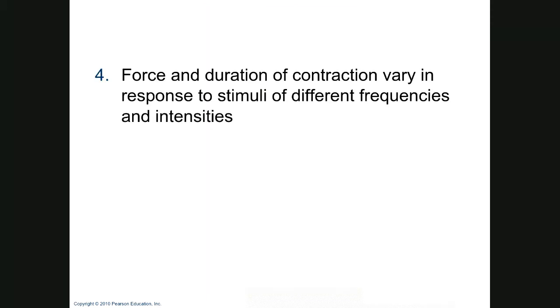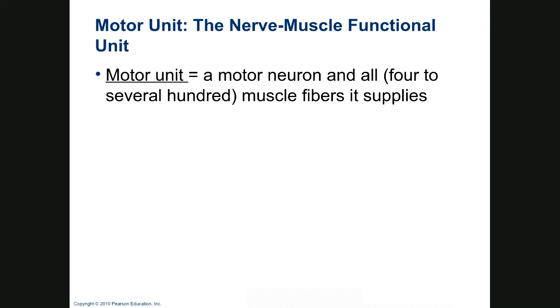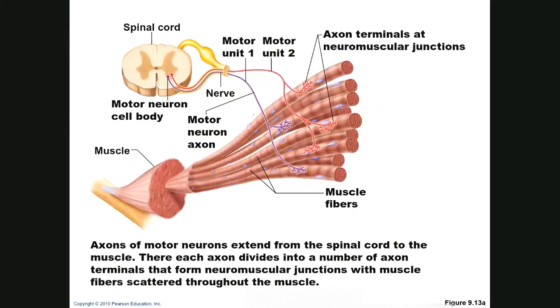Now, force and duration of contraction vary in response to stimuli of different frequencies and intensities. A motor unit is a motor neuron and all of the muscle fibers which it supplies. That may be small or large. So this is a spinal cord cut in half here.